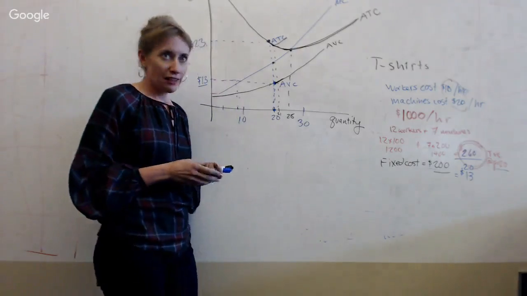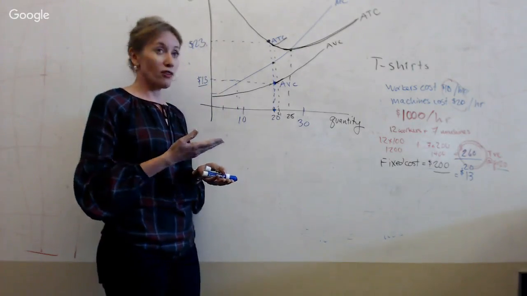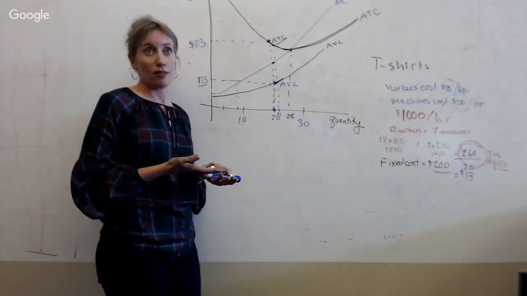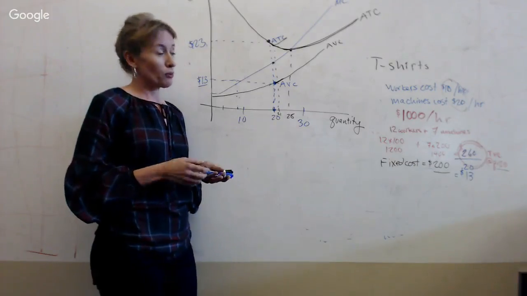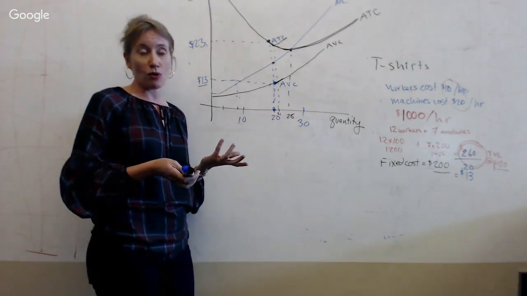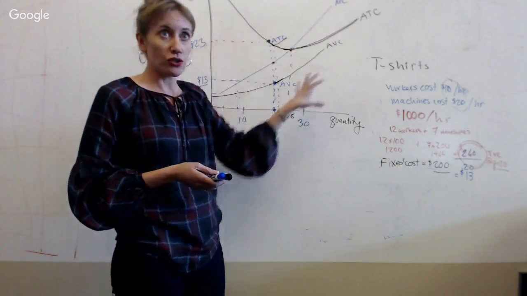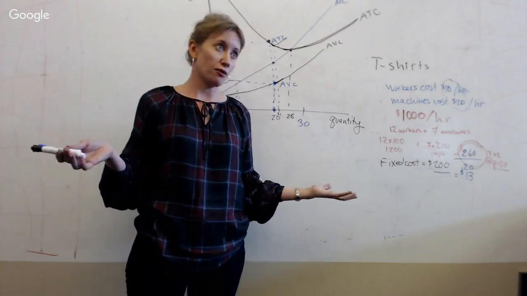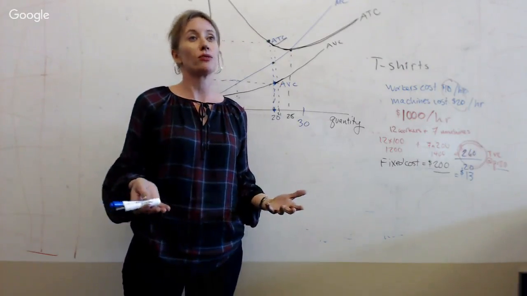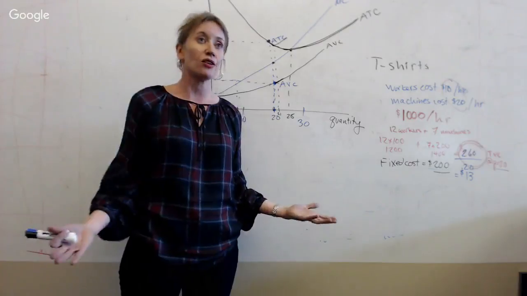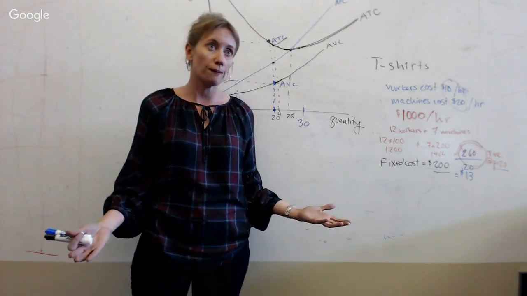We need information on what kind of market this firm is operating in. Let's suppose this market is perfectly competitive. That means that our firm's t-shirts aren't any different than another firm's t-shirts, and you won't be able to tell the difference between this producer's t-shirts and another producer's t-shirts when you go to the store.